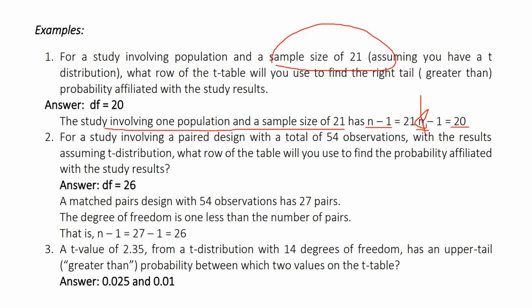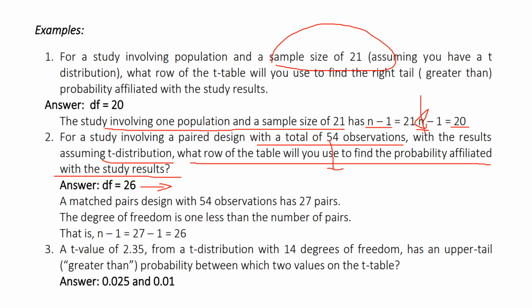So for number 2, for a study involving a paired design with a total of 54 observations, assuming t distribution, what row of the table will you use to find the probability affiliated with the study results? So our answer is 26. There is a given here, 54, as your total value for your population.